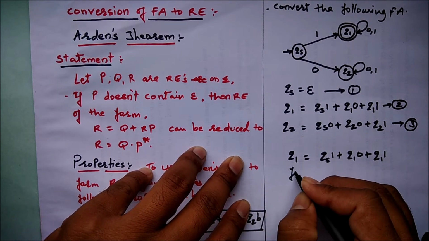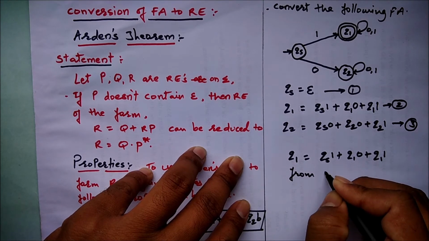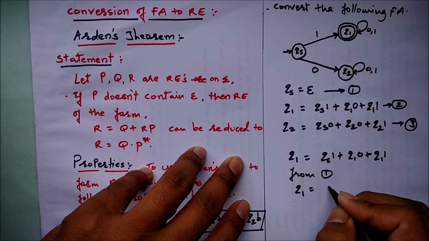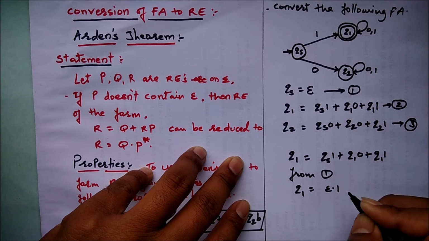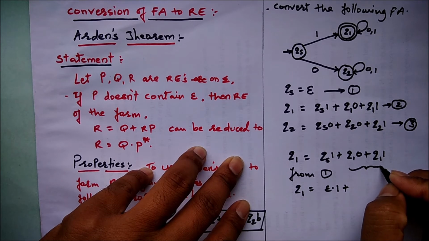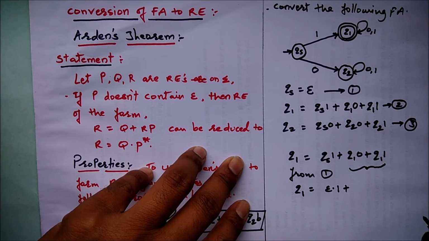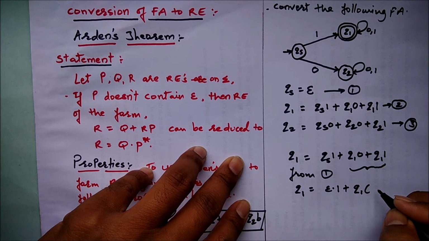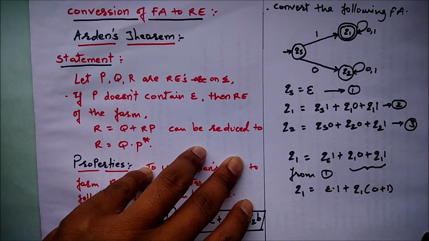So what I can write here, from equation number 1, Q1 can be written as epsilon into 1 plus, and from these two terms I can take Q1 common. So taking out the Q1 common, what remains is 0 plus 1. I hope you are understanding this.